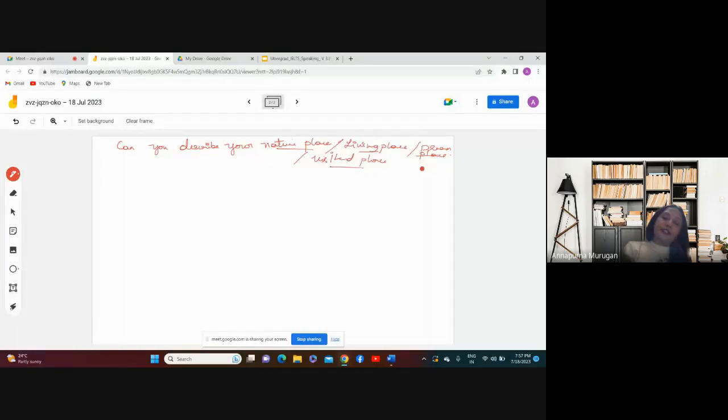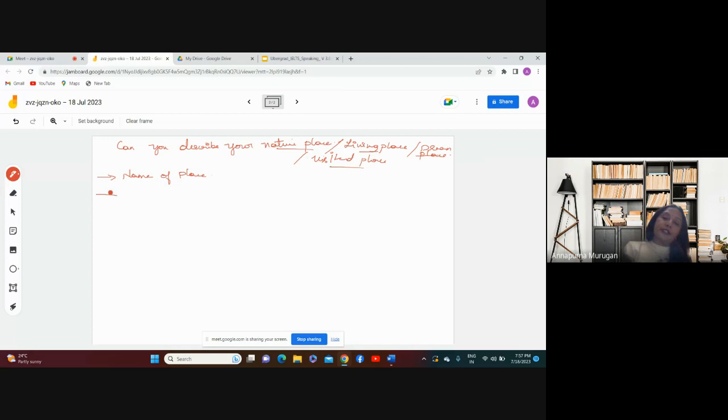See, here it could be native place also, living place also, dream place to visit, or a place that you visited recently, a place you tripped to recently. Anything related to place, okay? Any of these questions related to place, what you need to do is, first of all, start off with the name of the place. Then you talk about its location.